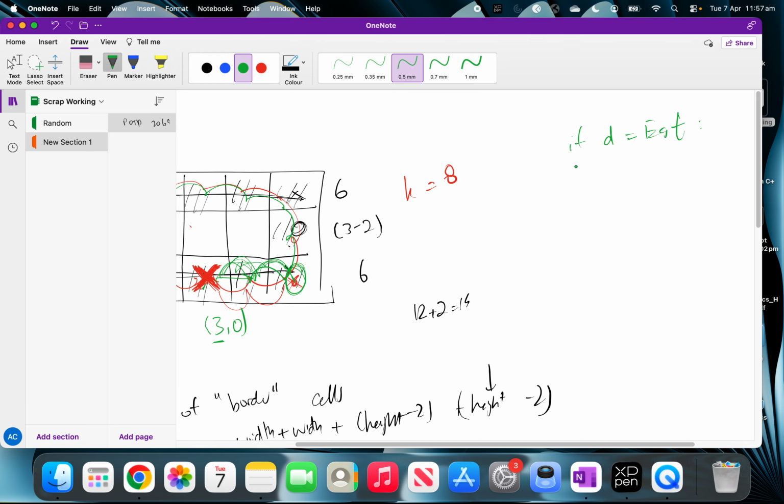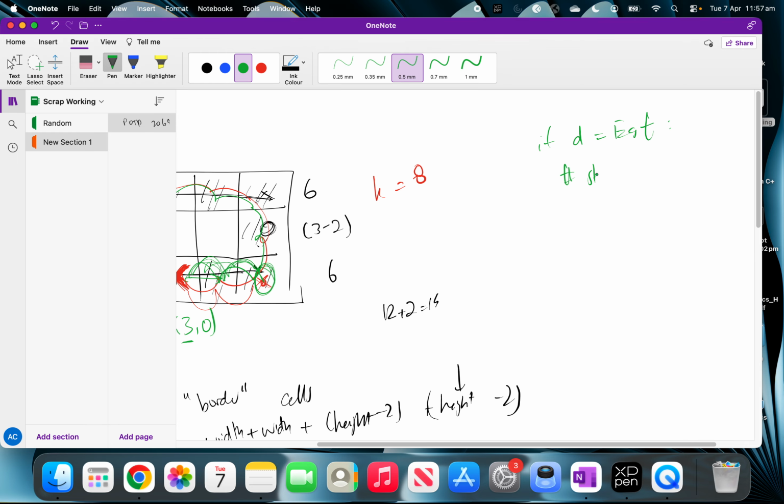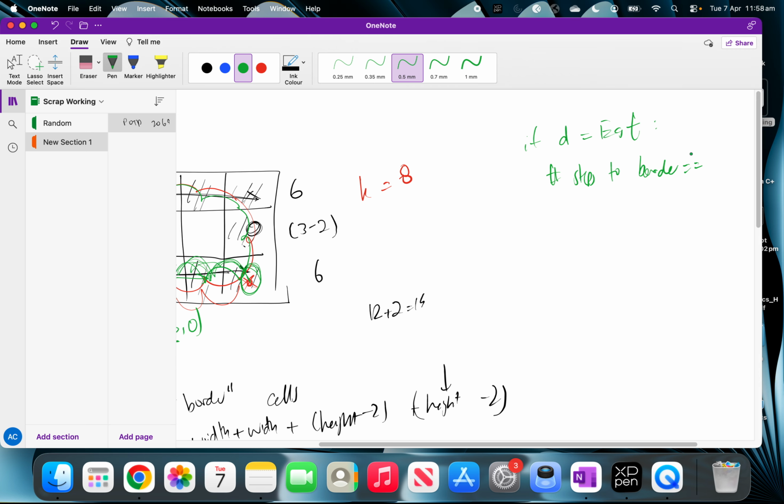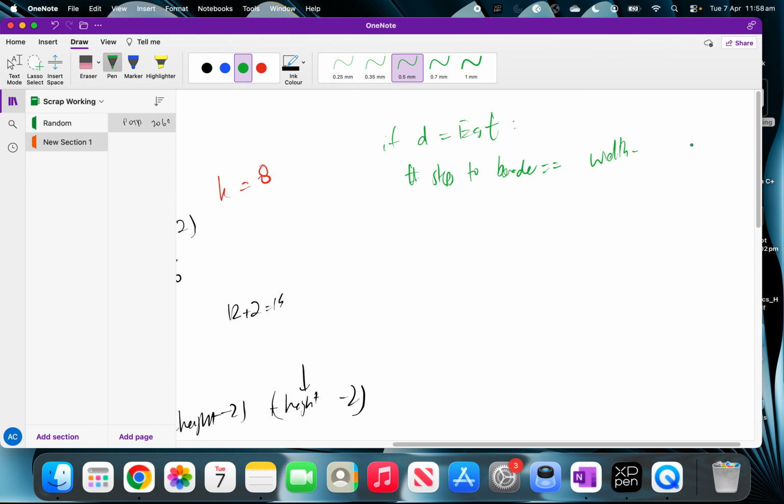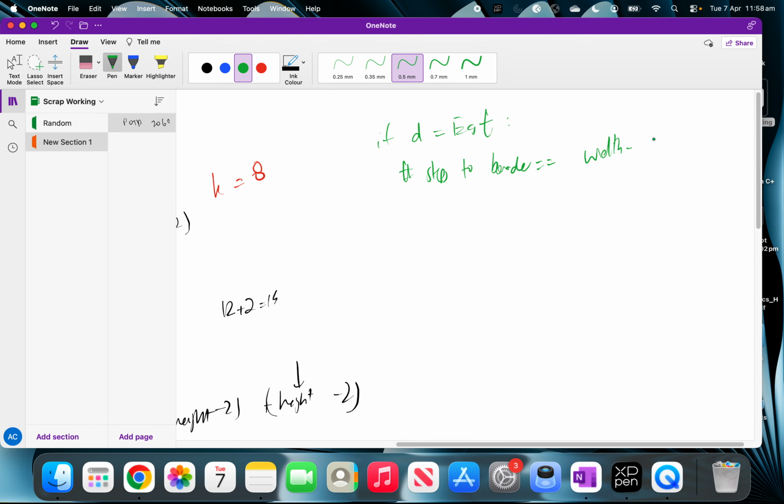If my direction is east, then the number of steps to the border is equal to the number of columns, my width, minus my x position.